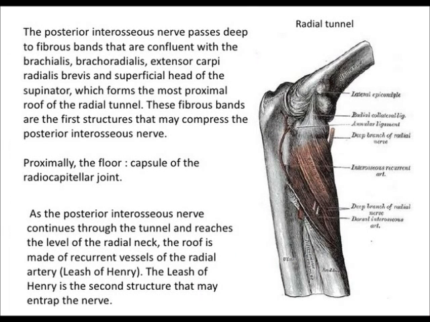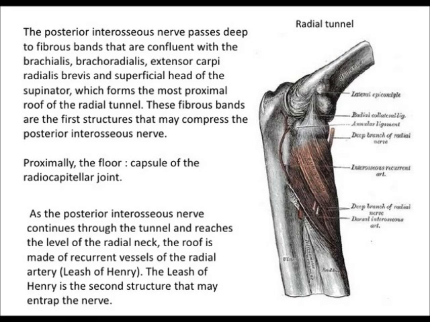The posterior interosseous nerve passes two fibrous bands that are confluent with the brachialis, extensor carpi radialis brevis, and superficial head of the supinator, which forms the most proximal part of the radial tunnel. These fibrous bands are the first structures that may compress the posterior interosseous nerve.